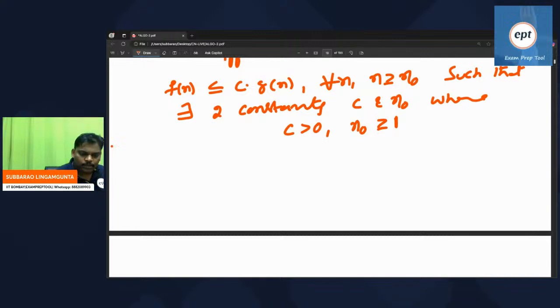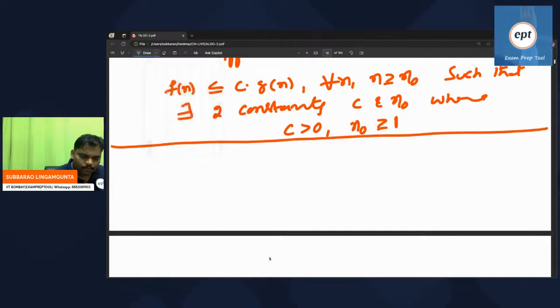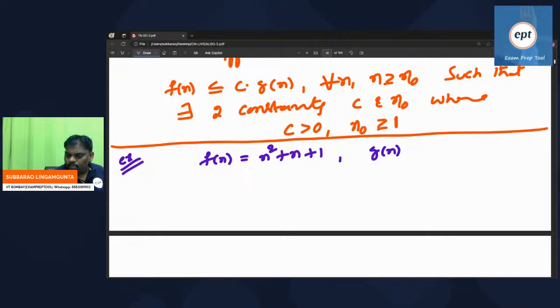First example: f of n is equal to n square plus n plus 1, g of n is equal to n square.